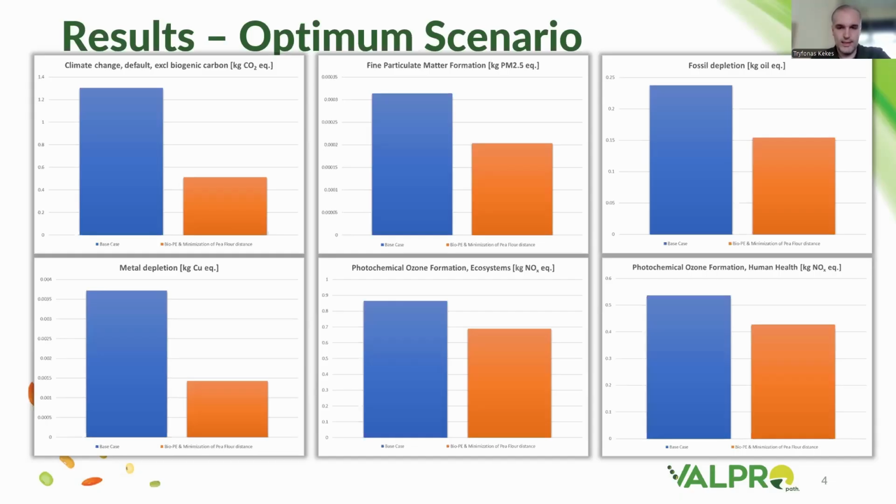Based on the results, we can see a significant improvement in all studied environmental categories, with the greenhouse gas emissions being reduced by almost 60%. Also, sustainable results were obtained for fossil depletion, meaning the use of fossil fuels like diesel, and fine particulate matter formation.